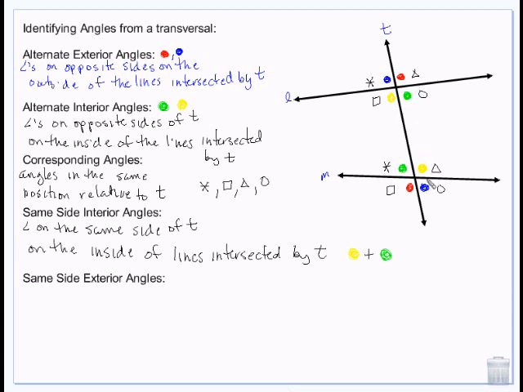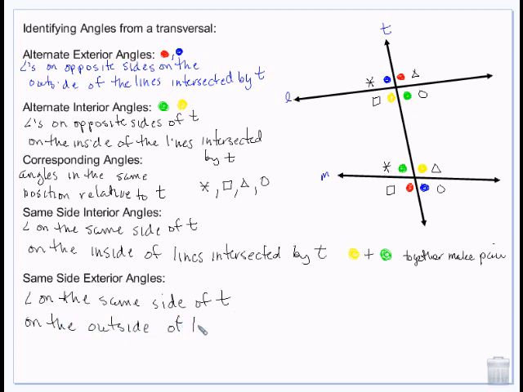Yellow and green, these are same side interior. Okay, same side exterior are angles on the same side. So in this case, one red and one blue make up a same side exterior pair.